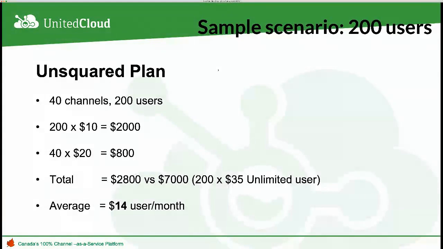It could be more or less, but you'll figure that out by getting more information from the business. That's a fair statement to make. So 200 users at $10 a user is $2,000, and then 40 channels at $20 equals $800. Now you've got $2,800 total, versus $7,000 on the unlimited plan. If you do the math, $2,800 divided by 200 users is $14 a user, and that's MSRP.